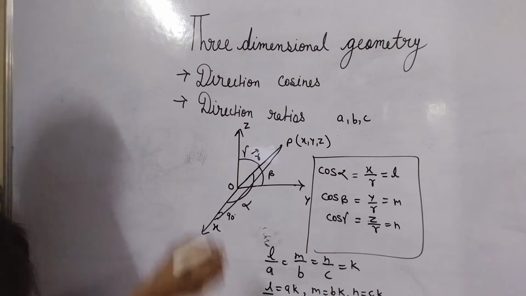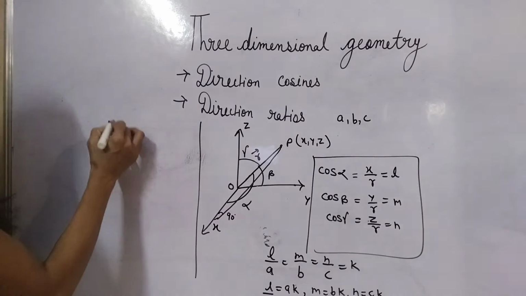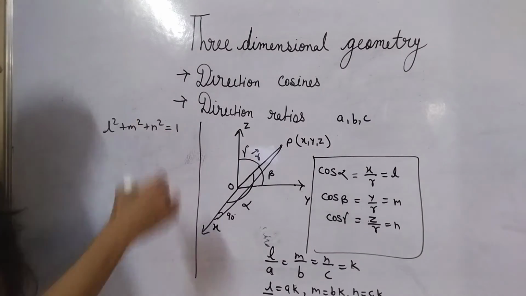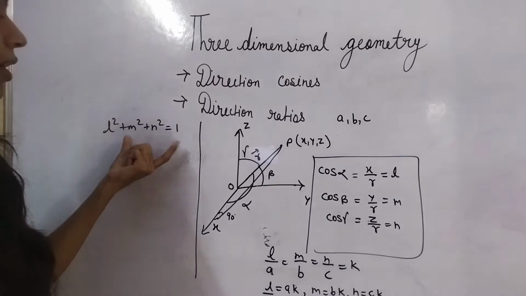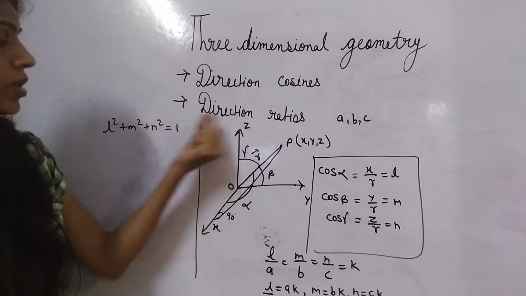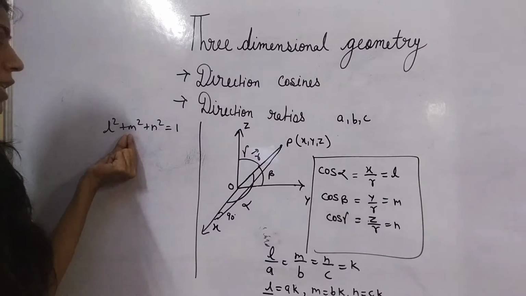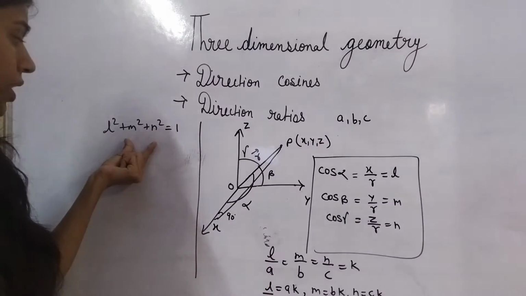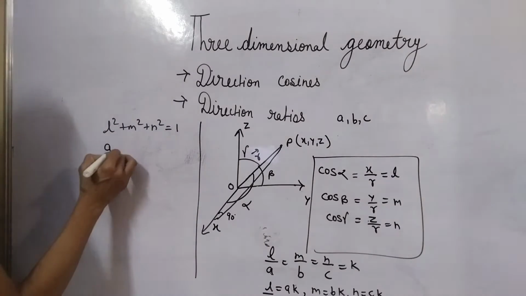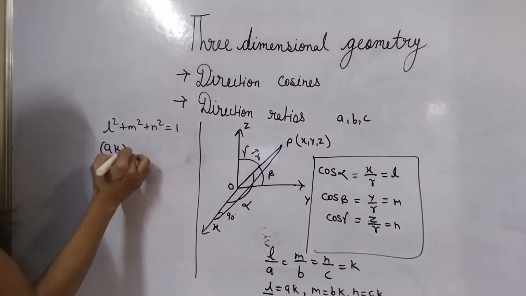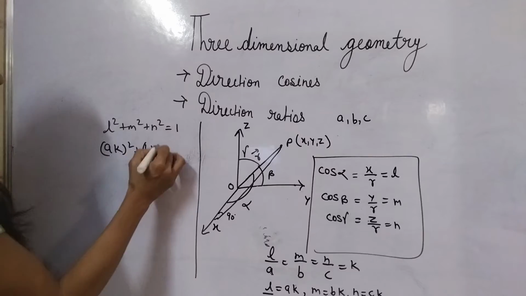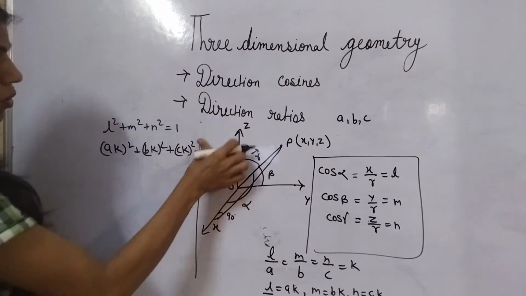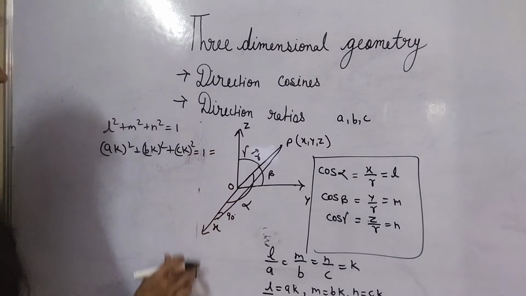Now students, by a property we know that l square plus m square plus n square is equal to 1. This we have done in the last chapter, that the sum of squares of direction cosines is always equal to 1. l square plus m square plus n square is equal to 1, right? So with this property we can write (ak) whole square plus (bk) whole square plus (ck) whole square is equal to 1, right?